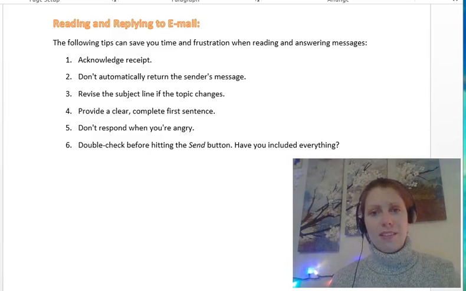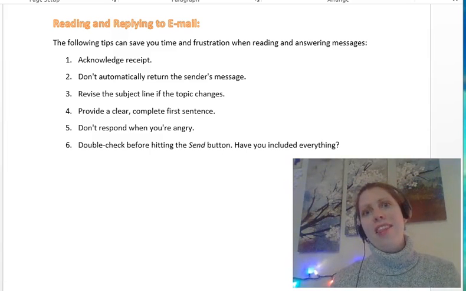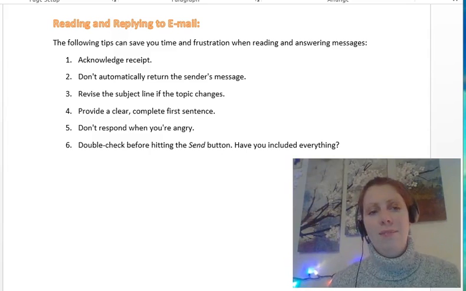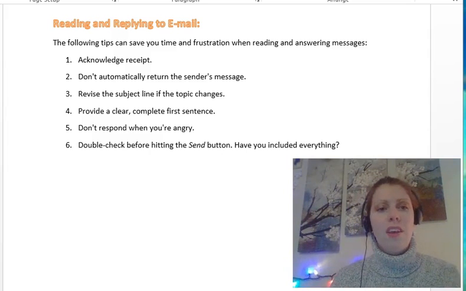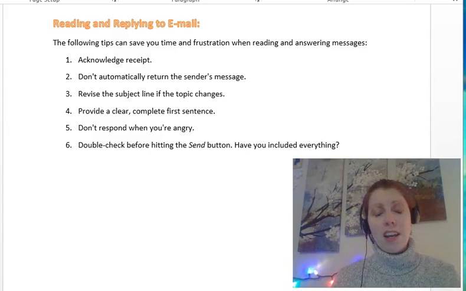And last but not least, double check everything before you hit send. So have you included everything? If you're trying to send an attachment, make sure it's there. Try to avoid sending a second message because you forgot something or you didn't say something. Use spell check. I did this recently.